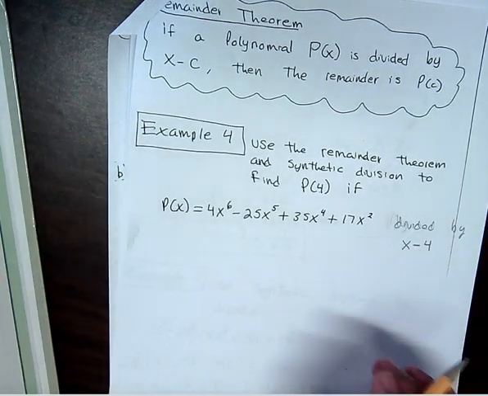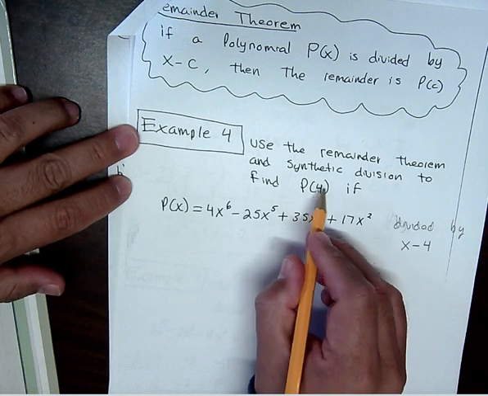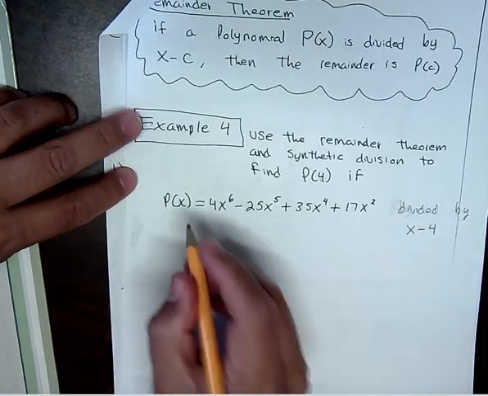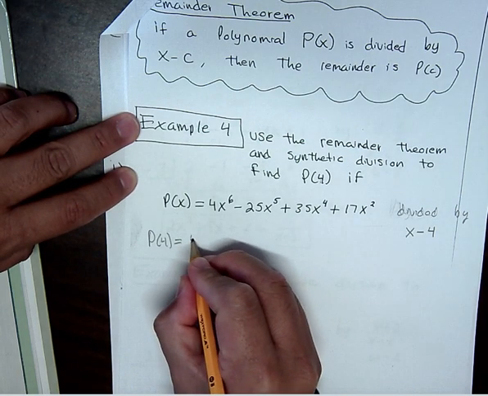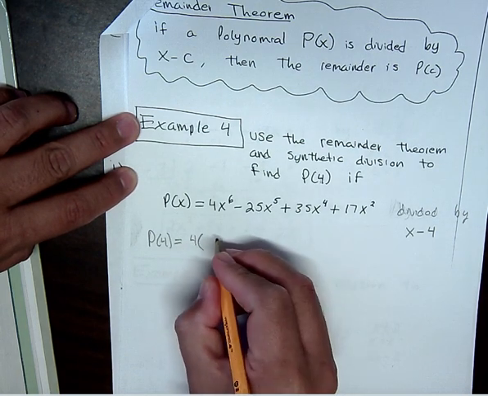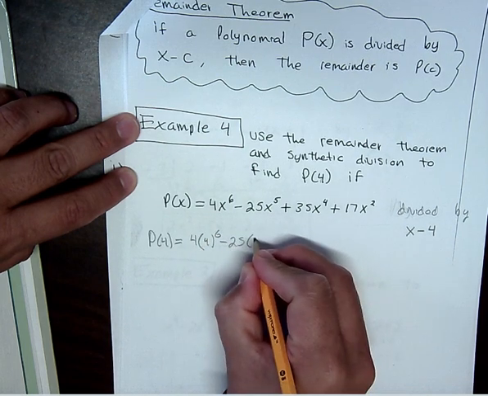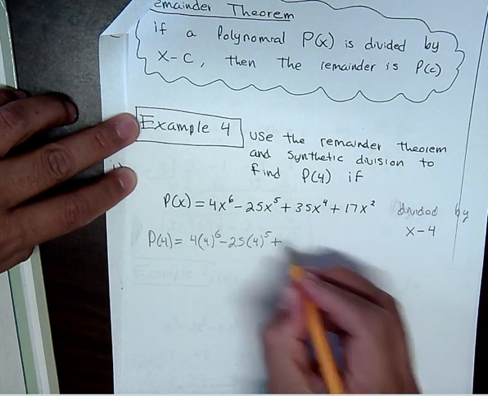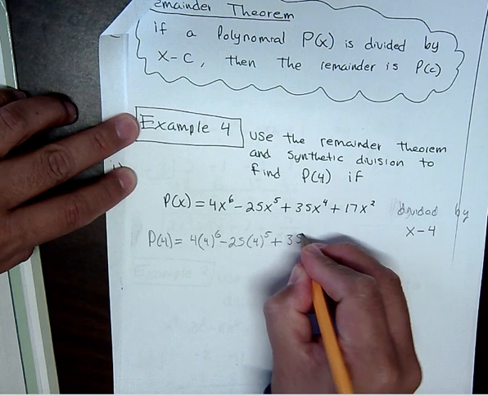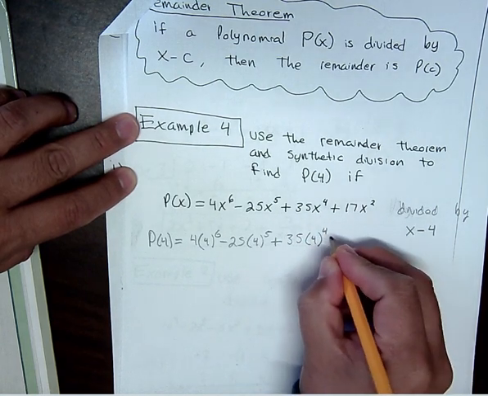All right, so let's evaluate P of 4 first and see what we get. So 4 to the 6th power, minus 25 times 4 to the 5th power, and as you can see, that's why they want you guys to use synthetic division, because when dealing with big numbers like this, it gets crazy.